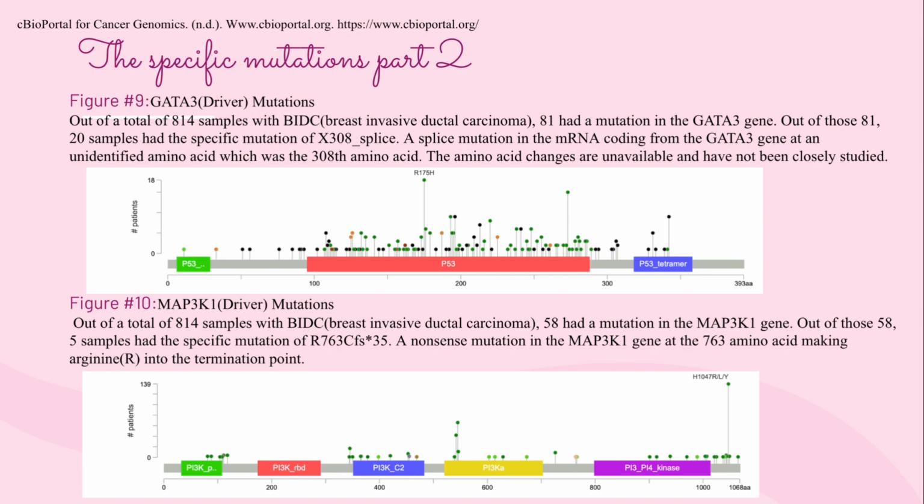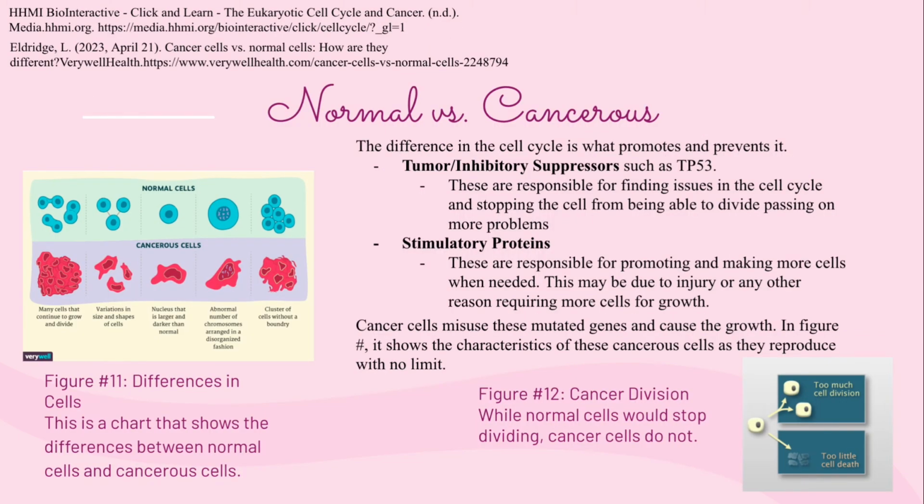As I mentioned earlier, now we're going to show you the difference between normal versus cancerous cells. To begin, cancerous division, as we show here in figure 12, is just driven by too much cell division and too little cell death. There's nothing allowing it to stop dying, but so much that's allowing it to keep going.